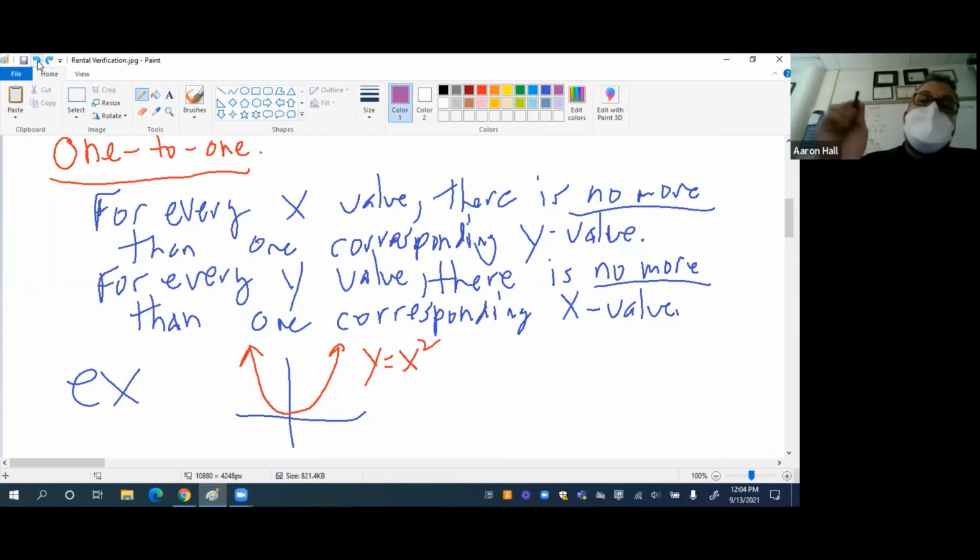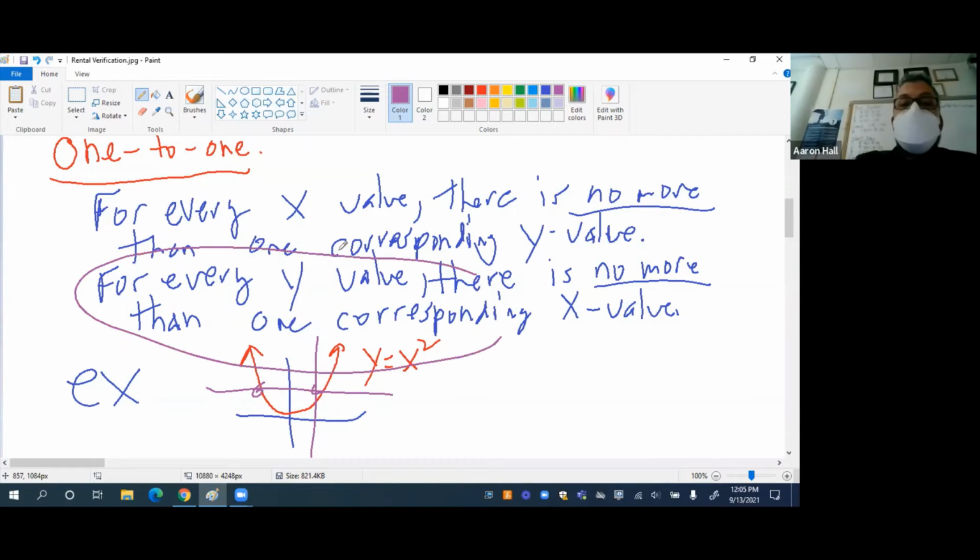Horizontal line test. It actually has to pass both a vertical line test and a horizontal line test in order to be one-to-one. We know that it passes the vertical line test. It is a function. Does it pass the horizontal line test? No. If I do a horizontal line, I cross the graph more than once, which means that for some y values, I have more than one x value assigned to it.